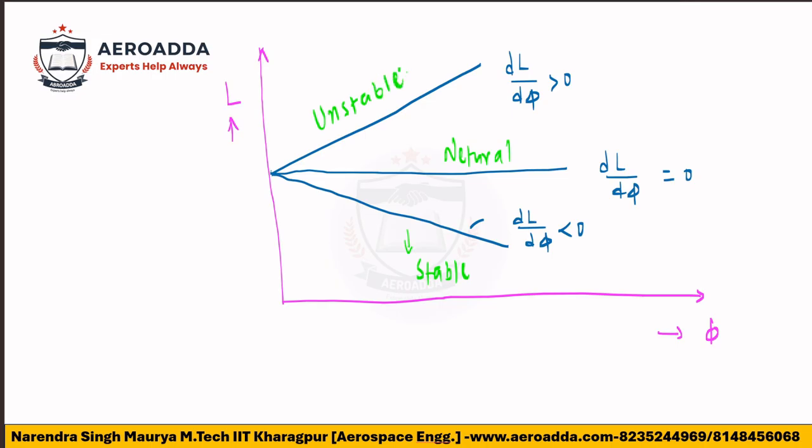Correct. Always remember. There should not be any kind of confusion there, right? So dL by d phi should be negative. That is the laterally stable aircraft.